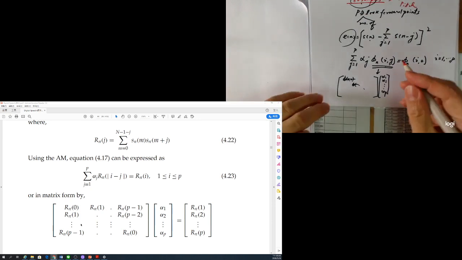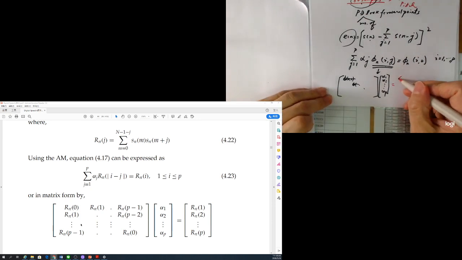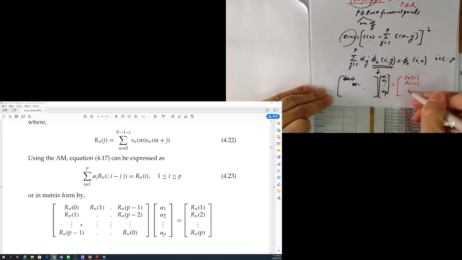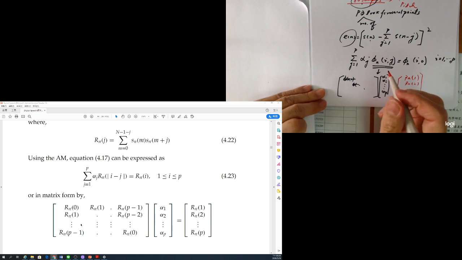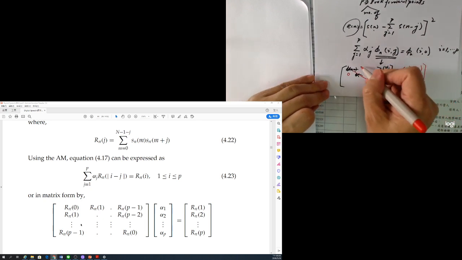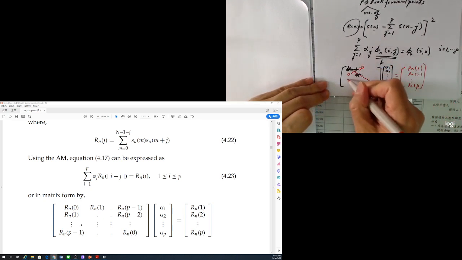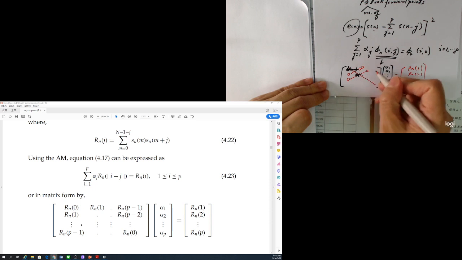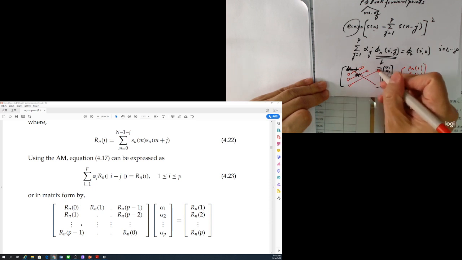This matrix has some special conditions. You can see they have Rn 1 and 2 up to Rnp. This matrix will be diagonal, the same, and also the corresponding component positions are the same.